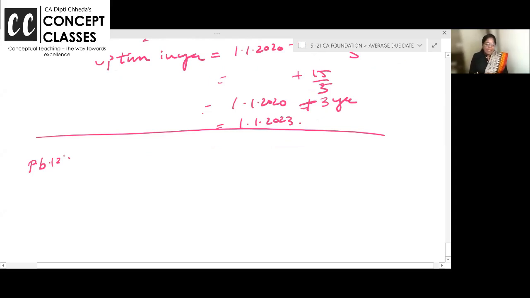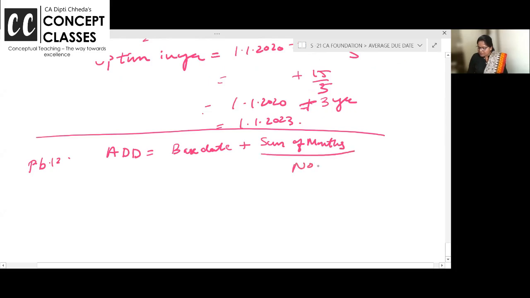Twelfth sum is there, and again directly you have to calculate the average due date is equal to base date plus sum of the months, number of installments, sum of months from base date to due date.